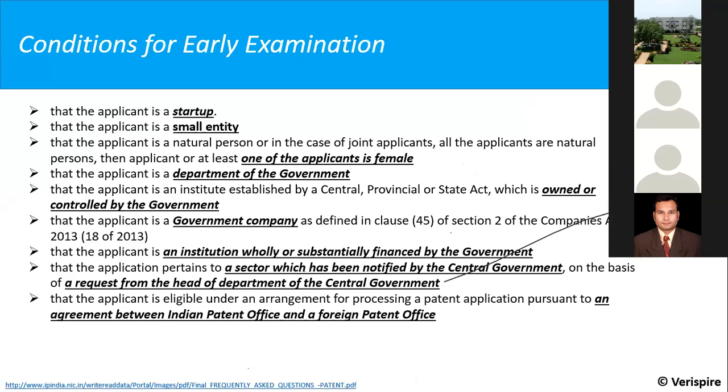If we have around 200 participants here and everyone wants to file an application today, every application will be published, because until publication, no examination is done. Even if we know there is prior art related to the invention, the application can still be published, because until publication no examination is held.